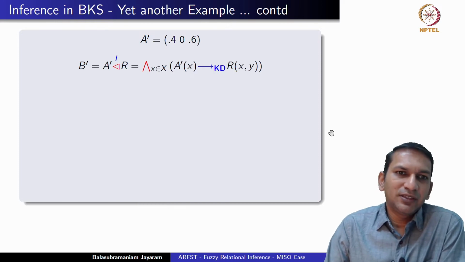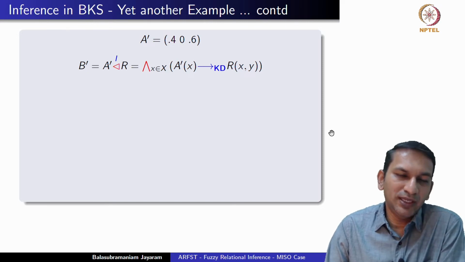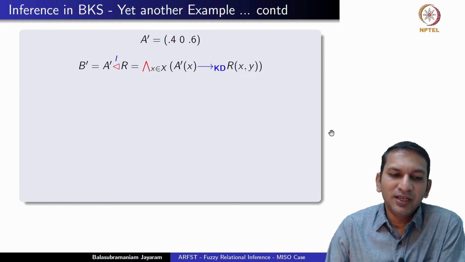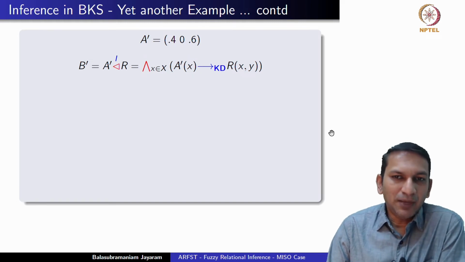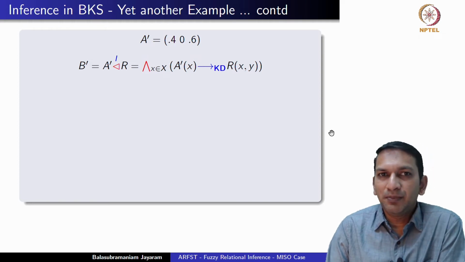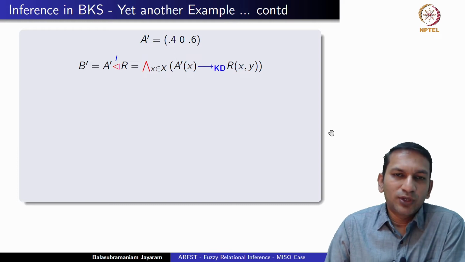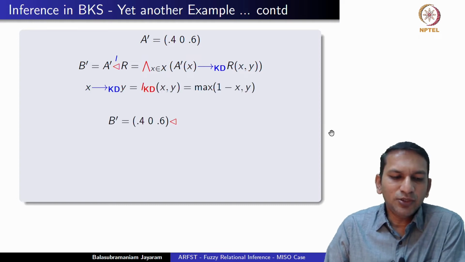Earlier, when we captured the rule using an implication, we used the CRI inference with sup-min composition. In this case, we are capturing the relation also with an implication, and we are applying the BKS, which essentially uses an implication. So to capture the rule, we have used the Gödel implication, and in the inference, we are using the Kleene-Dienes implication.